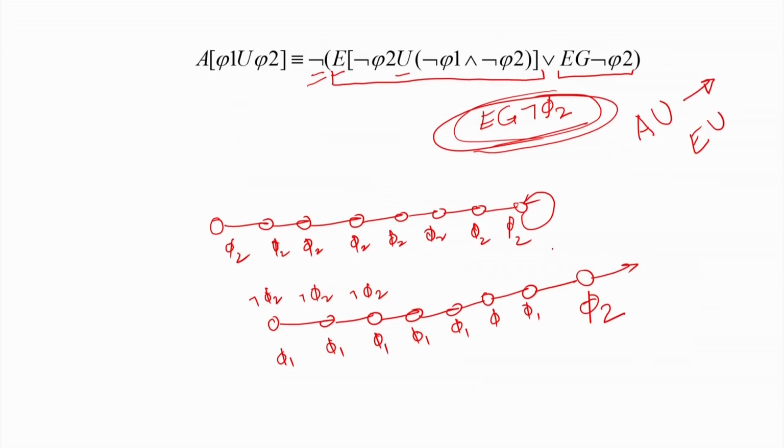So, if phi 2 is true over here itself, then I can say that phi 1 until phi 2 is true at that point. What is the notion of time we are considering while defining the semantics? That means future includes the present. I think in some previous lecture I have mentioned future includes present and future excludes present.